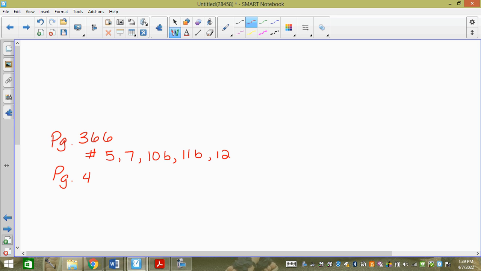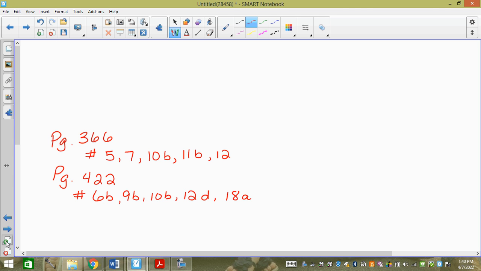Page 422. Number 6B. Nine B, 10B. D. 18A is like the question I just gave.